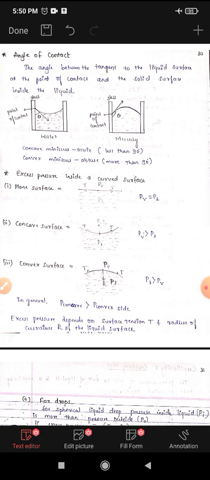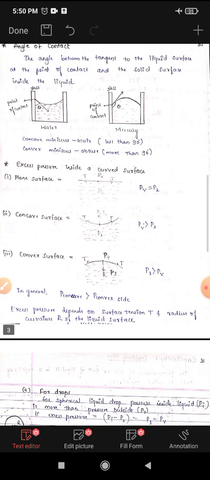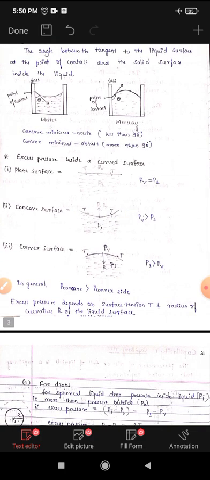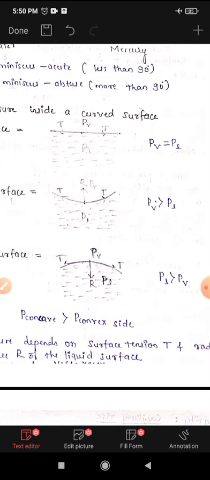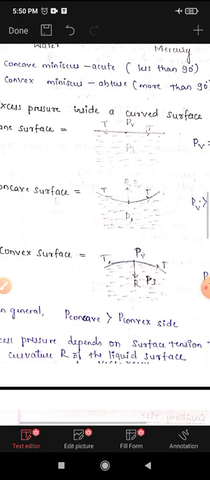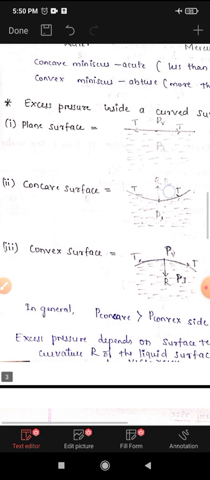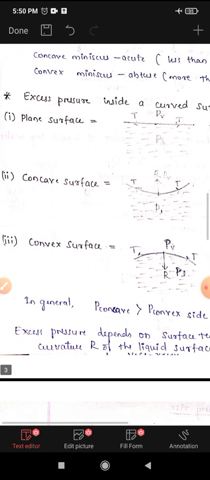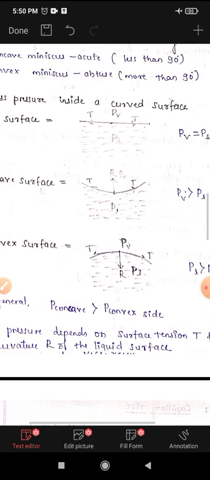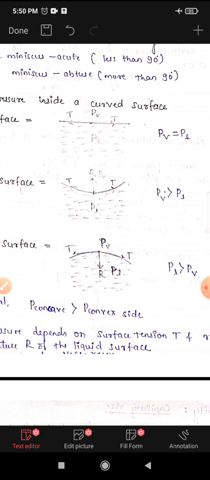But in the case of a concave surface, the concave surface has this type of shape. When we consider the surface tension at the surface, the surface tension will be acting like this, typically in a slightly upward direction.